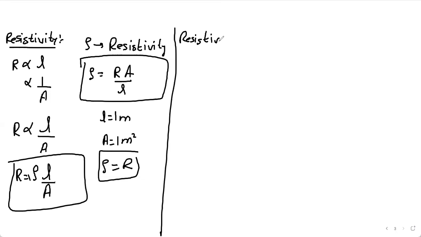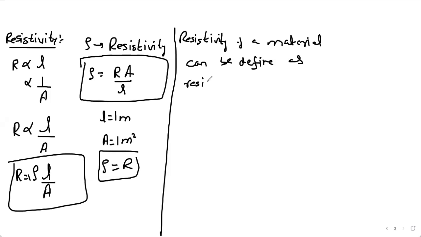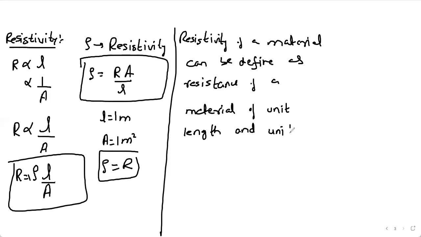Resistivity of a material can be defined as the resistance of a conductor material of unit length and unit area of cross section.